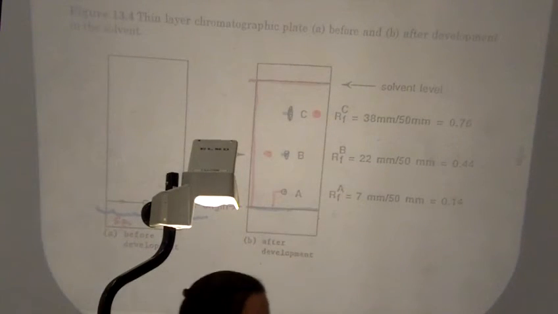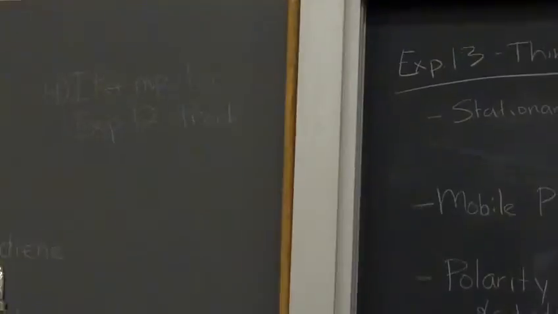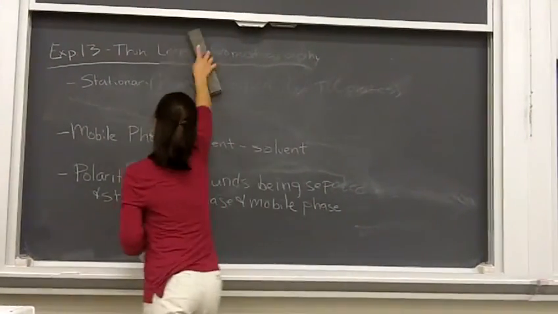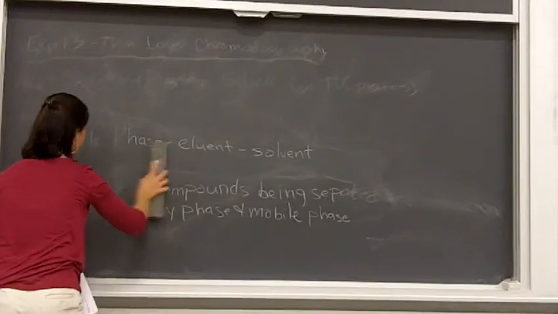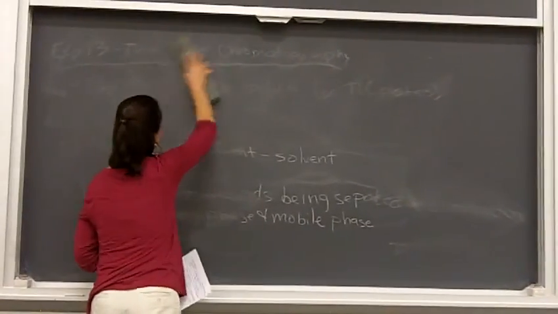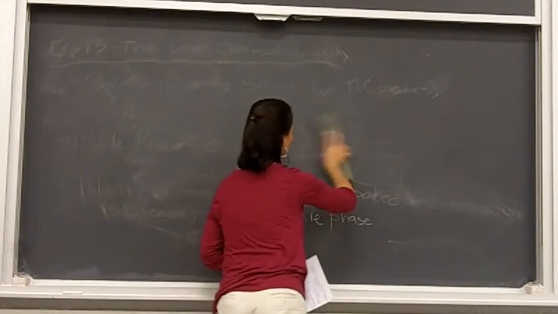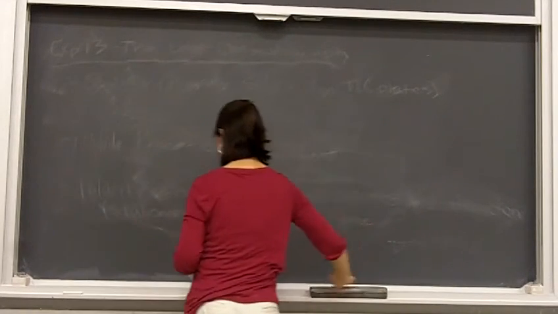So for this week, for your experiment 12 product, you're going to need at least 3 different times that you spot a TLC plate. Okay?